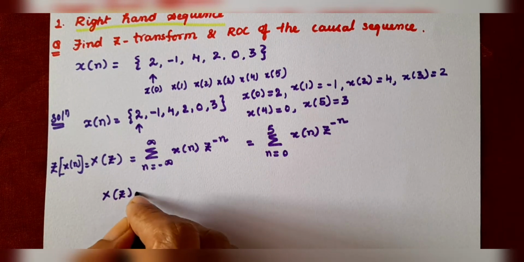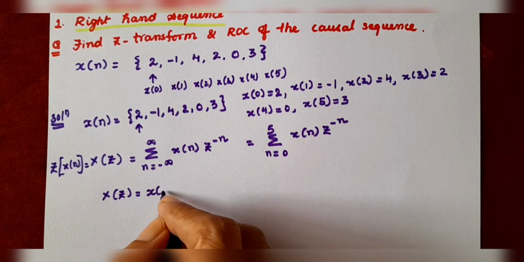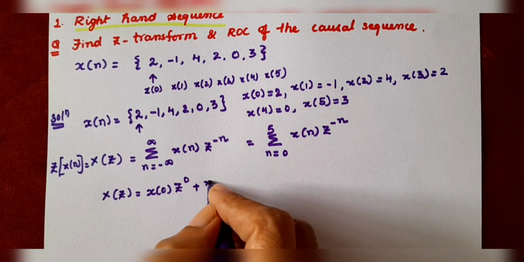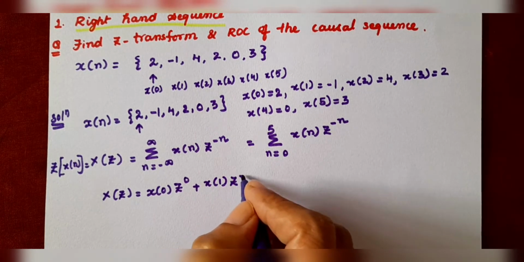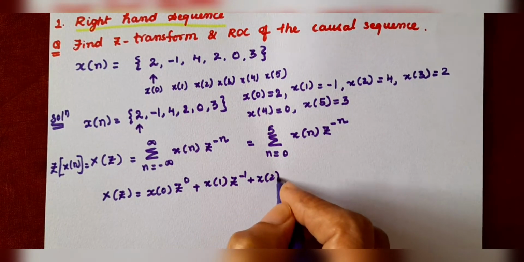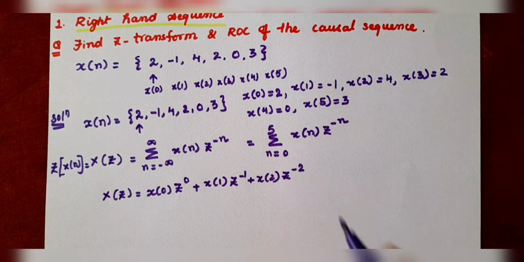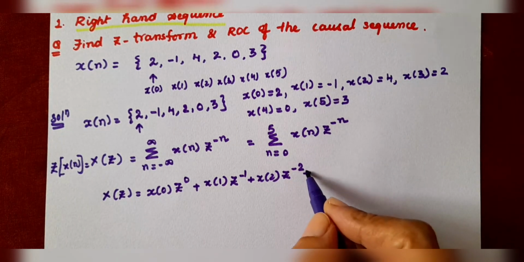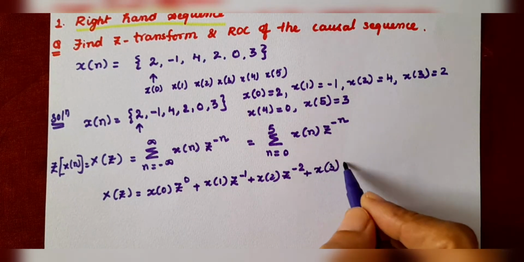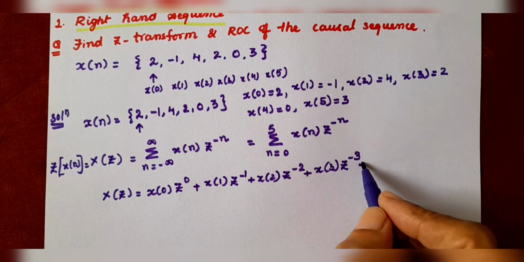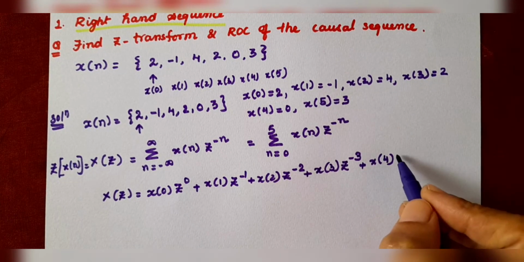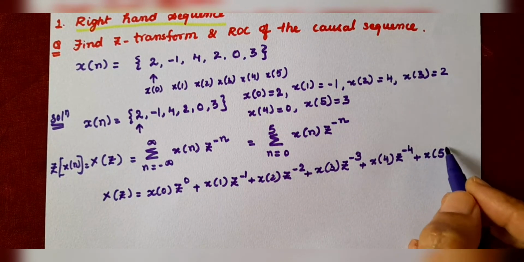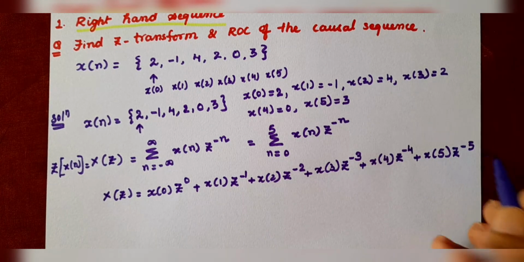X of z is equal to x of 0 z to the power of 0 plus x of 1 z to the power of minus 1 plus x of 2 z to the power of minus 2 plus x of 3 z to the power of minus 3 plus x of 4 z to the power minus 4 plus x of 5 z to the power of minus 5.